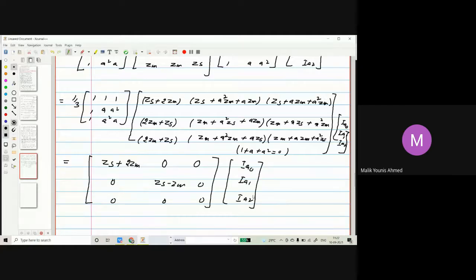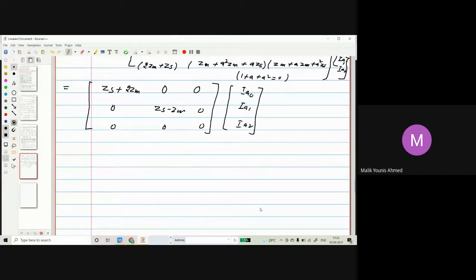So from here, we can conclude the positive, negative, and zero sequence impedances. Oh, sorry, it's not 0, third column. It is ZS minus ZM.